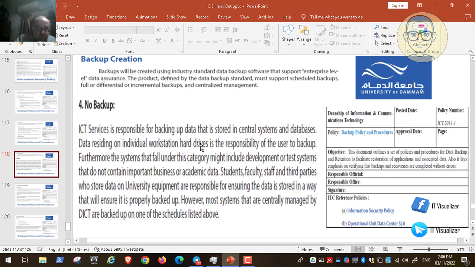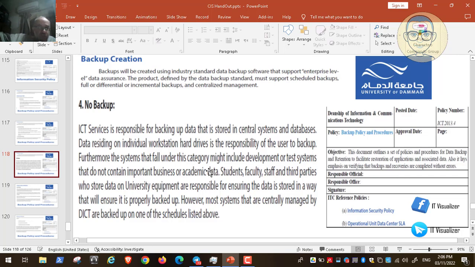If he doesn't know how to protect it, then he should transfer the data from his local hard disk to the file server storage or to a shared storage in our network. Furthermore, systems that fall under this category might include development or test systems that do not contain important business or academic data. So he's saying also maybe the workstation of the user contains some applications that are not centralized, or not used on a wide scale in our university.